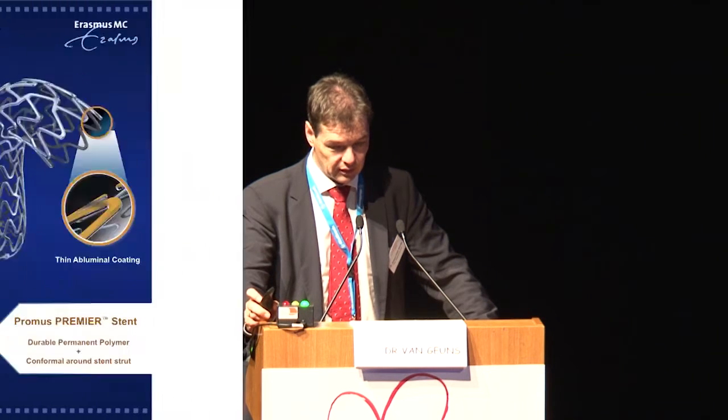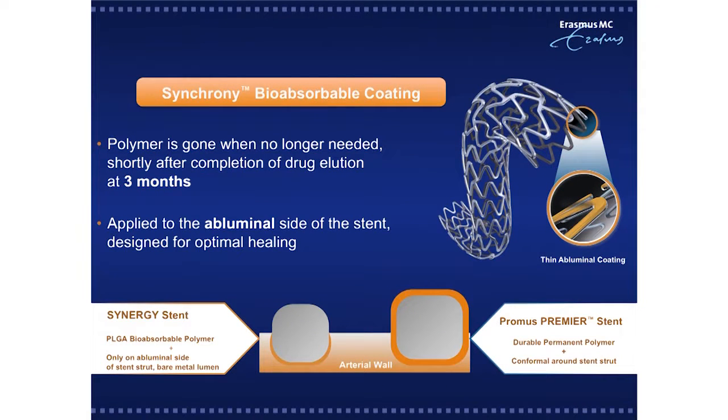Ostial stenting is usually a standard practice of our left main treatment, and it has been known for many years that this area has, of course, different patterns in the wall construction, and that's why you need the highest radial strength you can achieve in this area. And I think there is a reason to think about thin struts, which have the fastest and best coverage in a rapid moment.